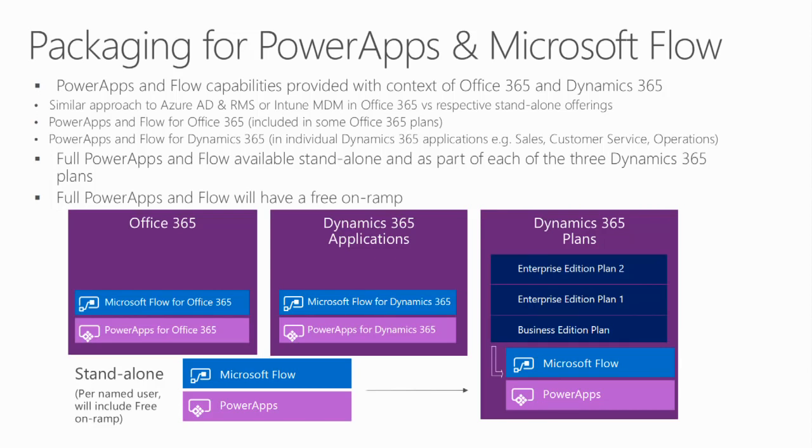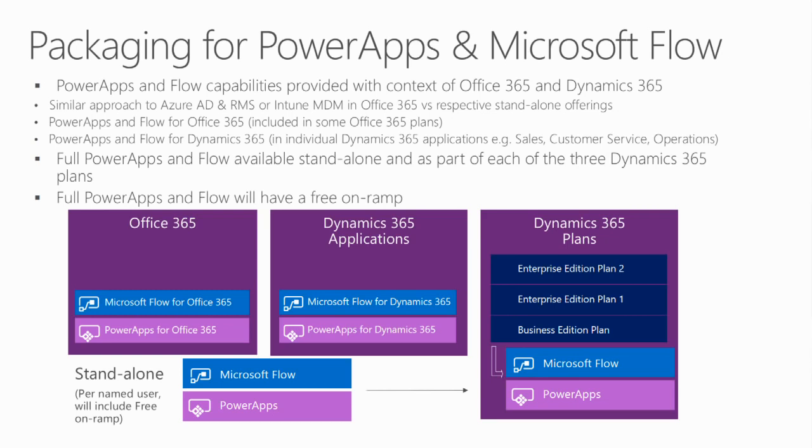The additional thing, which I don't think is captured very well on the slide, is that Flow will have different levels. There'll be a free capability that's available to everybody. There will be some things available in different Office 365 plans, which we have not yet specifically said, like features A, B, and C are going to be in E3, and D and F in E5.